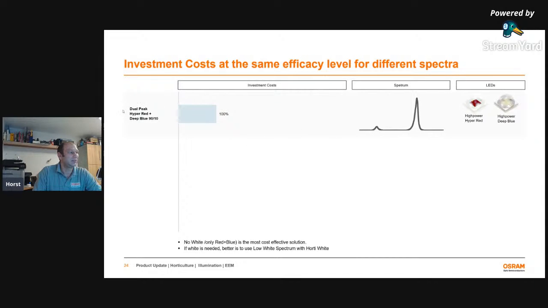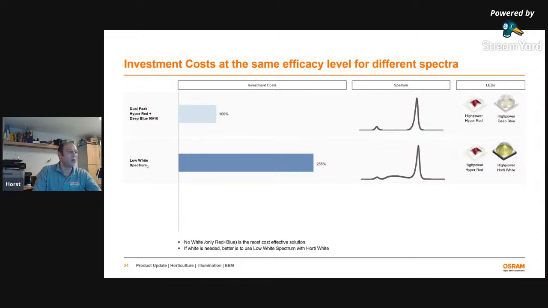And therefore, this dual peak solution with hyper red and blue, this is 10% blue, 90% hyper red. This is very common, and it's commonly used to prolong the day and for applications with daylight, and is also the most efficient. This is what we call 100%. And then we have a low white spectrum.